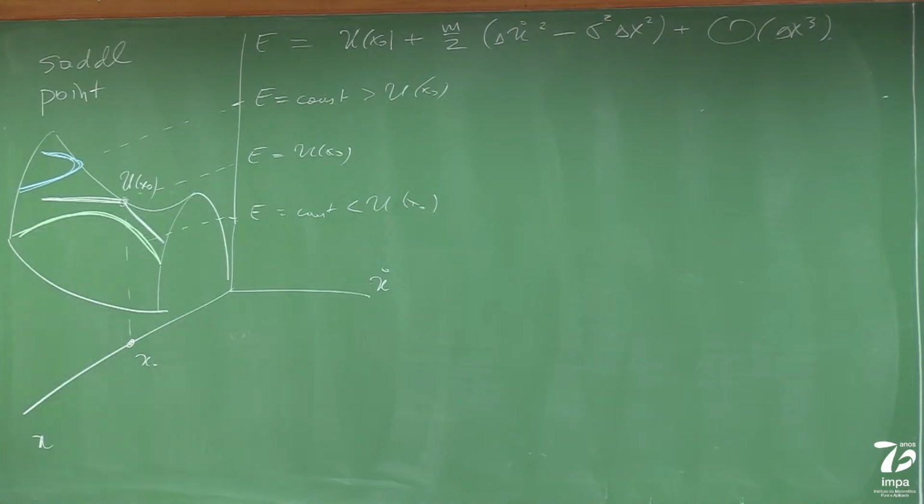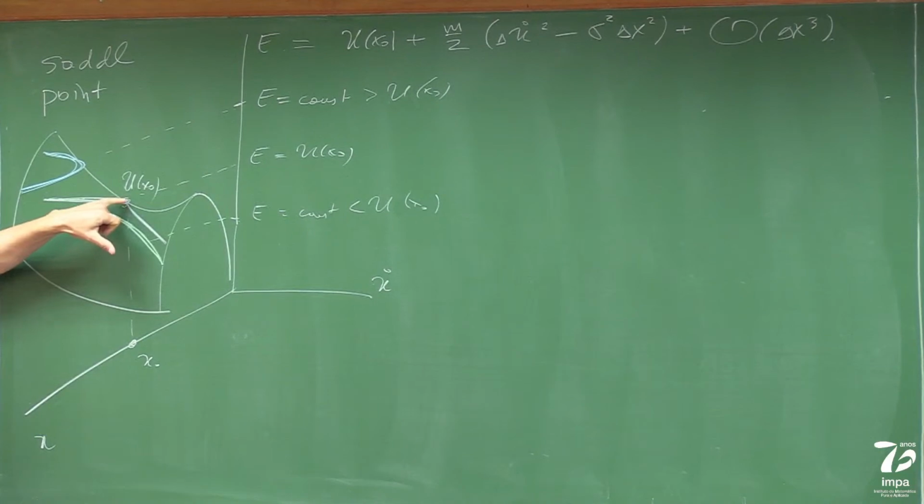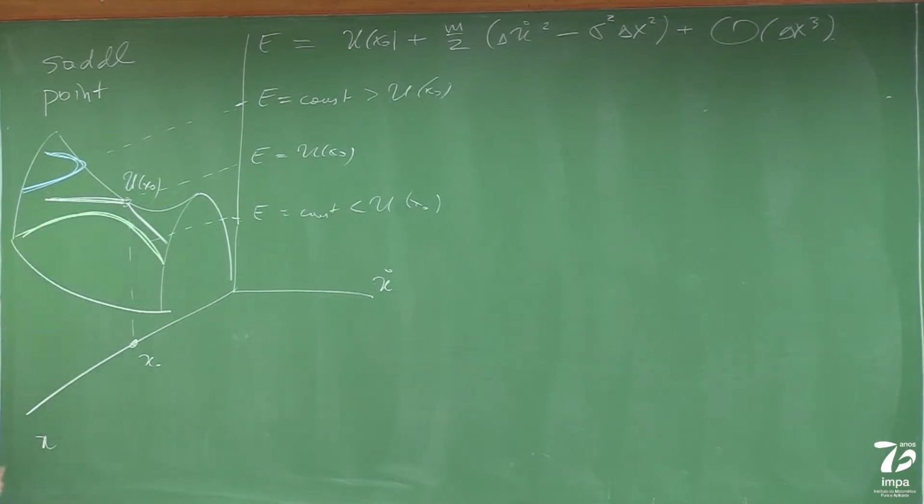So whatever saddle surface you get, which has an extremal point, but it's a minimum with respect to speeds and a maximum with respect to coordinates, every level curve nearby will have the form of hyperbolas, or if you cut it exactly through the point, it will give straight lines.